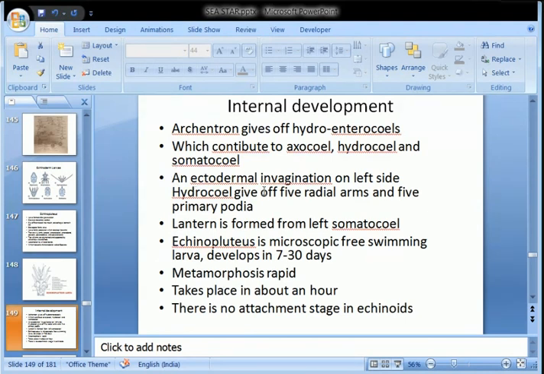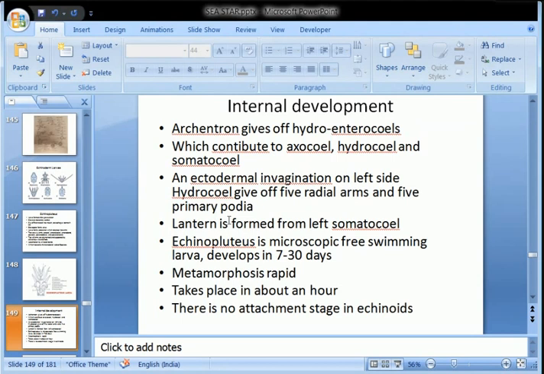Then there is an ectodermal invagination on the left side. The hydrocoel gives off 5 radial arms and 5 primary podia. And in the echinus, there is a typical characteristic feeding apparatus that we call the Aristotle's lantern, which I mentioned and showed in some previous lecture.